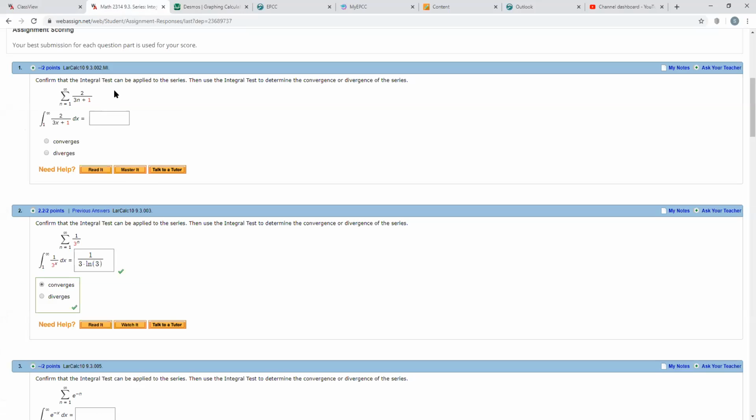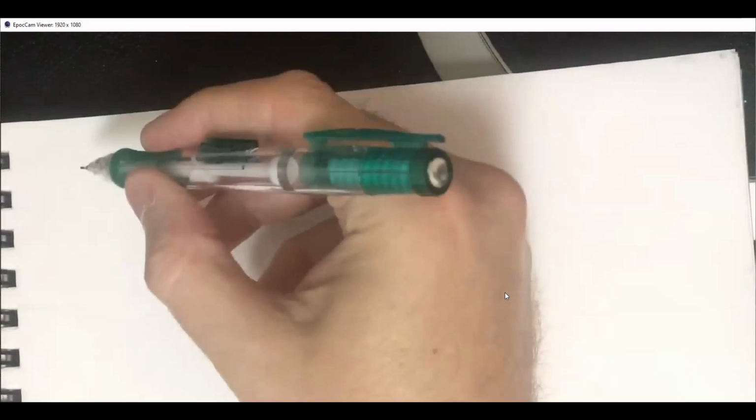do you want me to continue with this problem, or do you think you can go from there, or do you want me to just work it out? Yeah, can we work it out? That's the only one that kind of... Sure. So let me switch here. It's 2 over 3n plus 1. Can you see my notebook now? Yes.